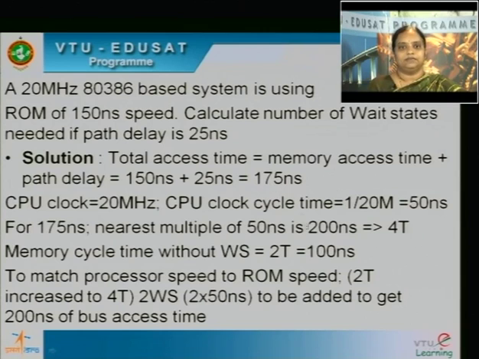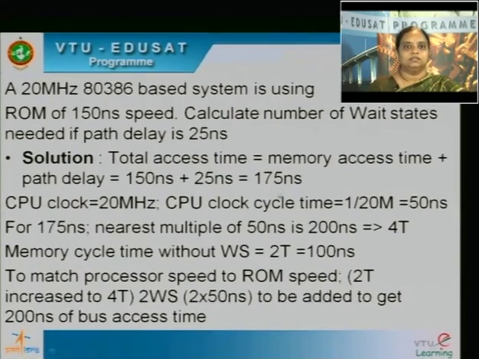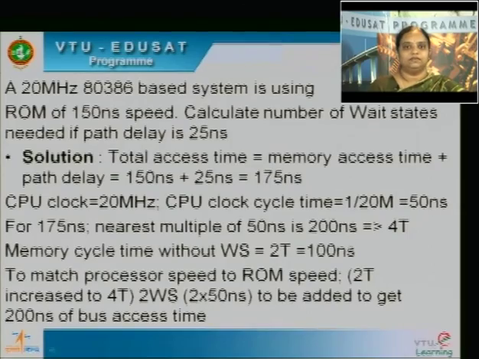So since we cannot complete this 175 in 100 nanoseconds, the memory cycle time has to be increased by inserting wait states. So for 175 nanoseconds, suppose I insert one clock cycle, that one clock cycle is 50. So 100 plus 50, 150. That is still lesser than 175. So insert two clock cycles.